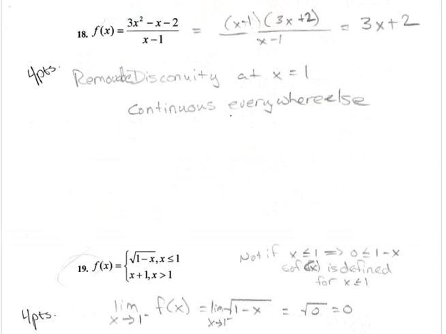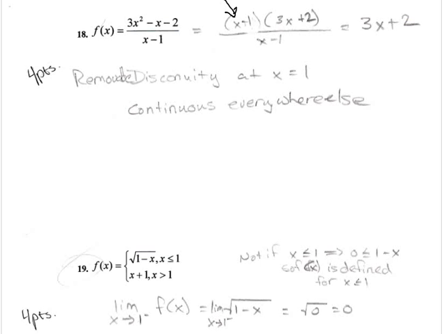Okay, so number 18, it's the same thing, but we have to factor the numerator. Some people had trouble factoring the numerator, and if you do, we just need to review the pre-calc review sheet and review factoring. So 3x squared minus x minus 2 factors into x minus 1 times 3x plus 2.